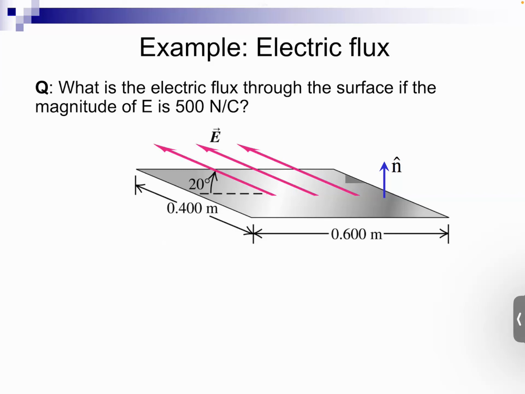So say here you have this surface and you have the electric field lines crossing this surface at an angle of 20 degrees relative to the surface. Calculate the electric flux through the surface if the electric field has a magnitude of 500 newtons per coulomb.